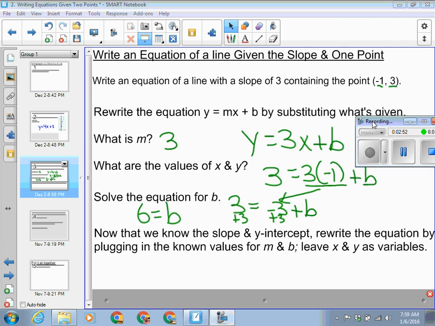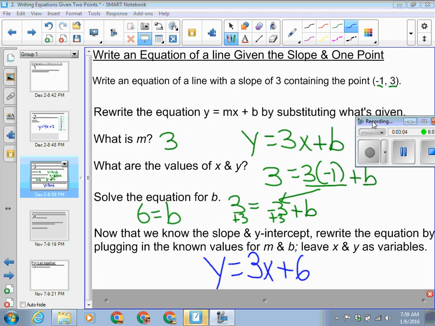We write the equation, plug in those known values, and leave x and y as variables because we now have an equation that can find us any point on this line. Even though we use x and y specifically to find our y-intercept, we then go back and leave x and y as variables. A little bit confusing there, but that is the process to get our general equation.